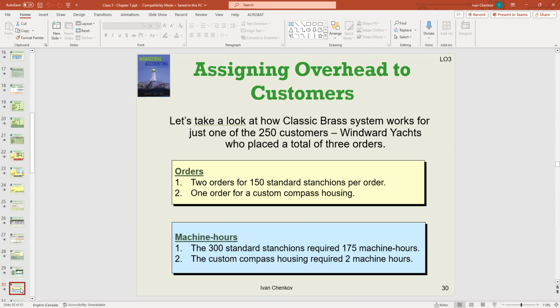Machine hours has 300 standard sanctions required. So since he has 2 orders, 150 standard sanctions, that means 300 standard sanctions, which require 175 machine hours. For the 1 order for the custom compass housing, that requires 2 machine hours because we have only 1 order.